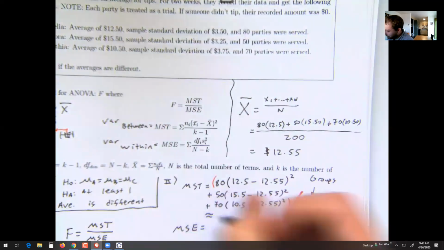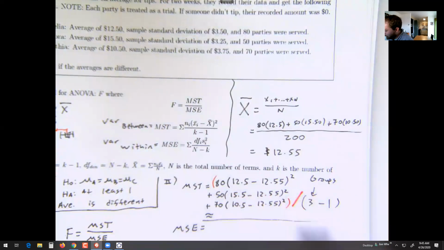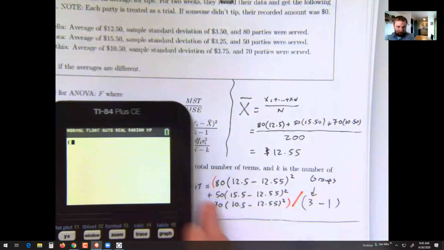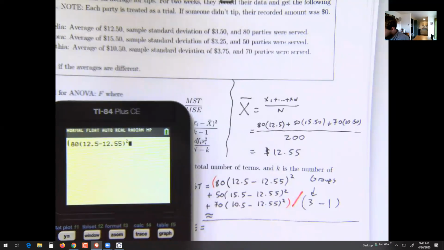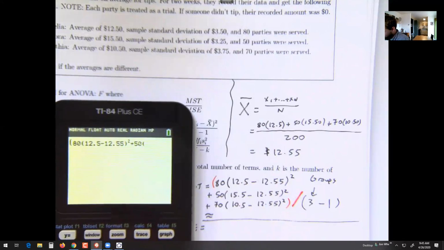I'm going to type this into my calculator and see what I get for my mean square of the treatment. In other words, my variation between groups. It's labor intensive, but that's okay. 80. Amelia. Barbara.